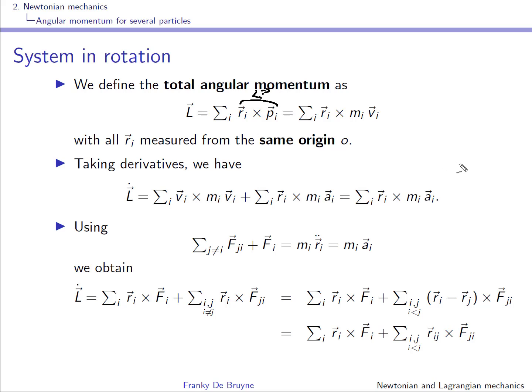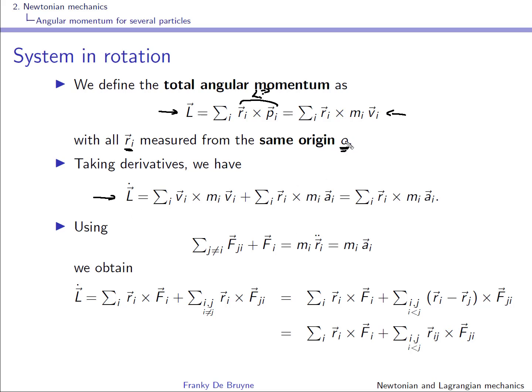So we obtain something like that, and we remember that all position vectors are measured from the same origin O, right? So we're interested in the same law that we have derived before, but for a single particle. So this means that we'll take the derivative of the total angular momentum. This is what we do here, right?